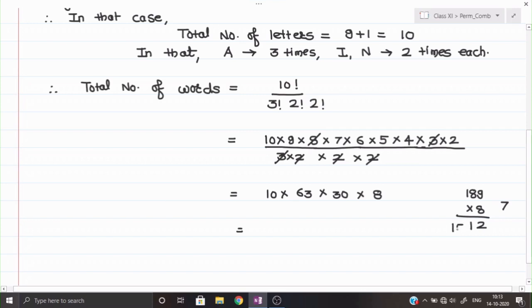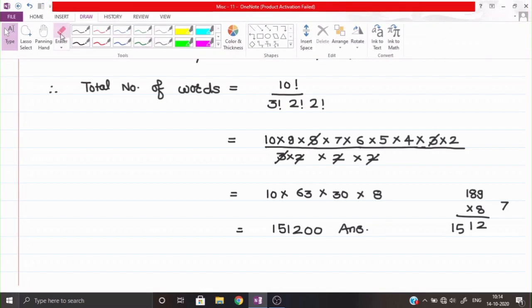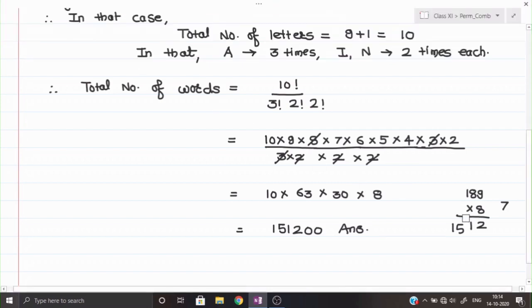I think it is coming, this one is right, 1512. So 1512 and then 2 zeros. This could be your answer. Okay, so you can find out the multiplication properly, because my multiplications are coming different both times, but I think this is looking right because this question I have explained earlier, so it could be right. Otherwise, please make the corrections in the multiplication.